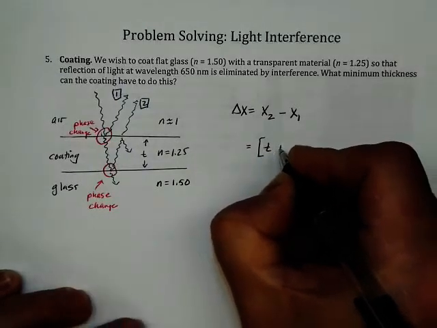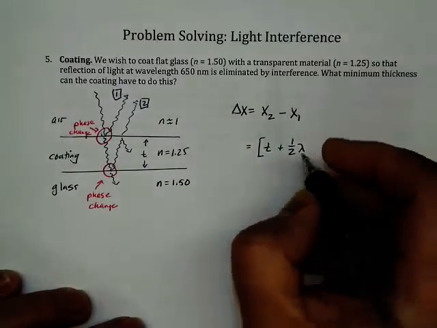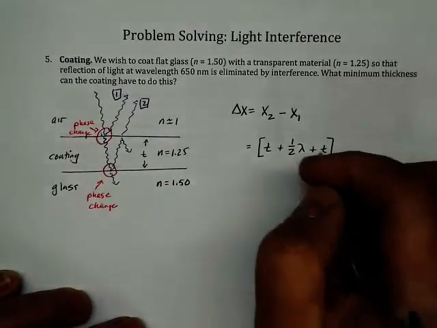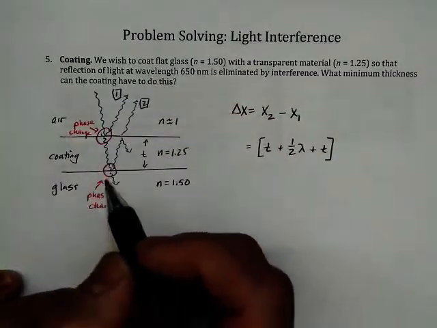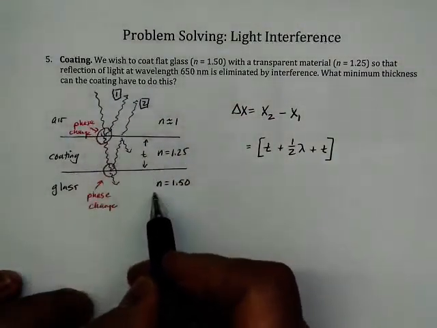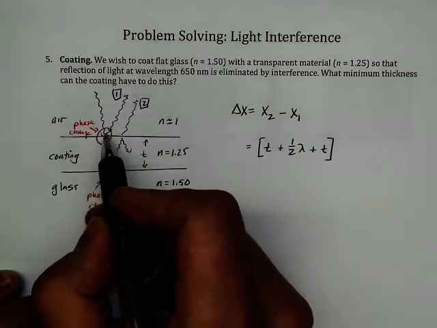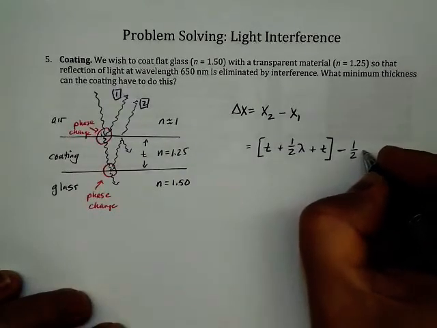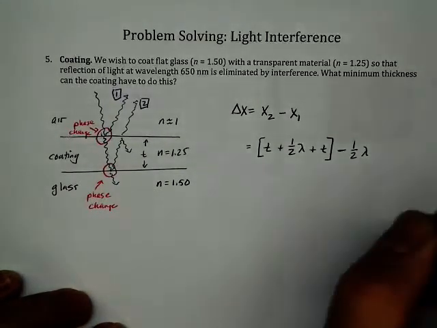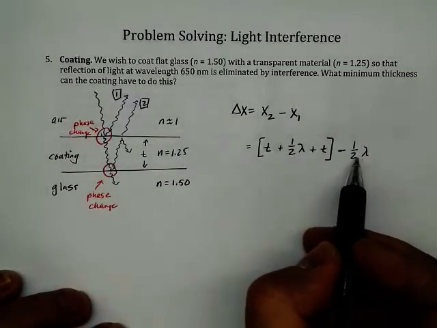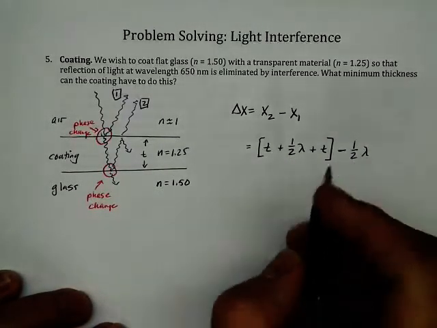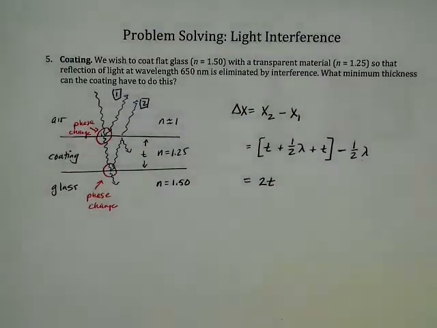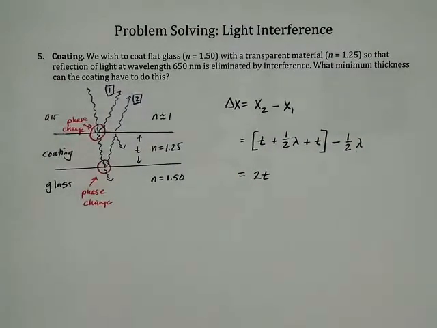So it travels a thickness T plus a half wavelength plus another thickness T, and it emerges back out into the air. 1 doesn't travel any thickness of the film, but because of the phase change, it's the same as traveling an extra half wavelength. So its distance is effectively a half wavelength. But those 2 phase changes are in a sense going to wash each other out, and the total path length difference between 1 and 2 is again 2 times the thickness of the film.